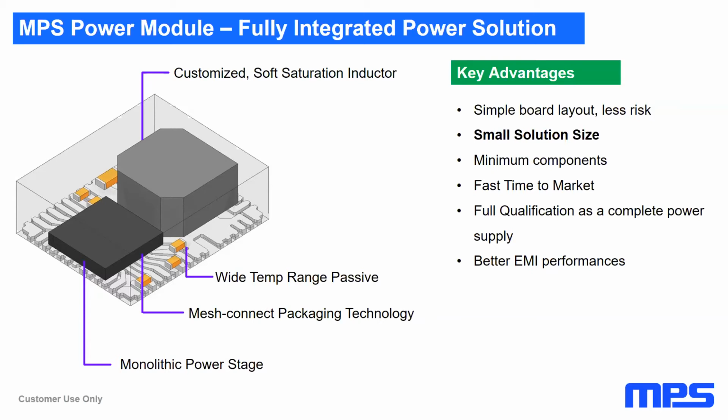Modules also offer other key benefits that we'll touch on, such as simple layout. They require minimum components. So all of this together makes them a very key target application for these accelerator cards, and that's really where we're seeing them fit into this market because of these key advantages.